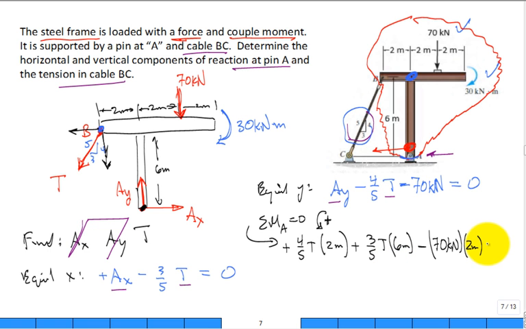And that's going to be a negative 30 kilonewton meter. True? And that has to sum equal to 0. Sorry, I ran out of room a little bit there. But why did I put a negative sign? There's a positive right here, but they show you the direction of rotation. That's a negative sense of rotation if I'm going to pick the counterclockwise to be positive.